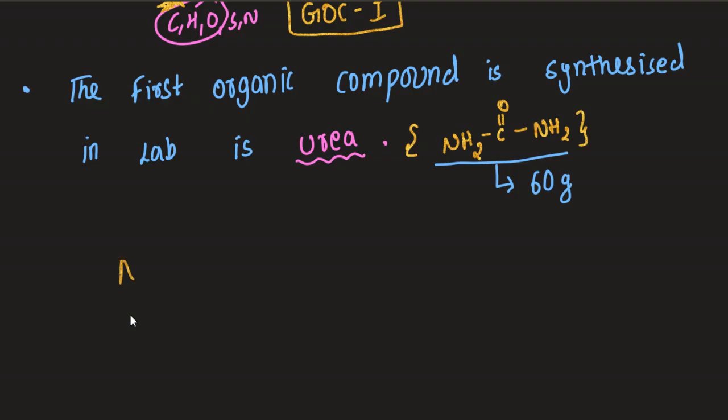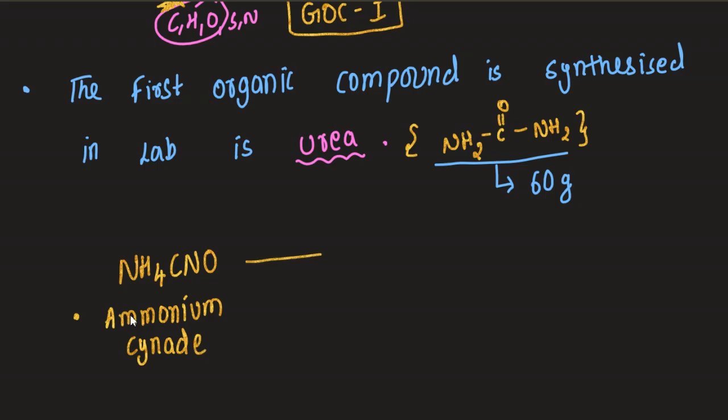NH4CNO, the name of this chemical is ammonium cyanide, which upon heating gave NH2 C double bond O NH2.